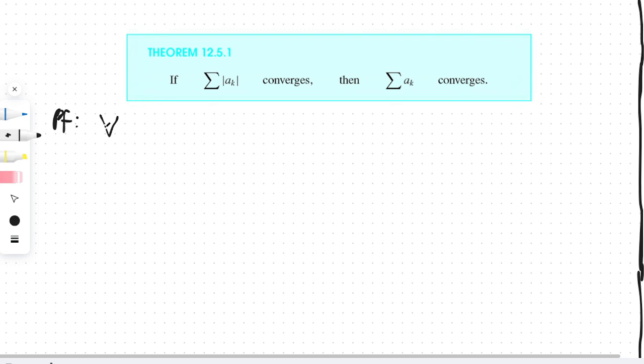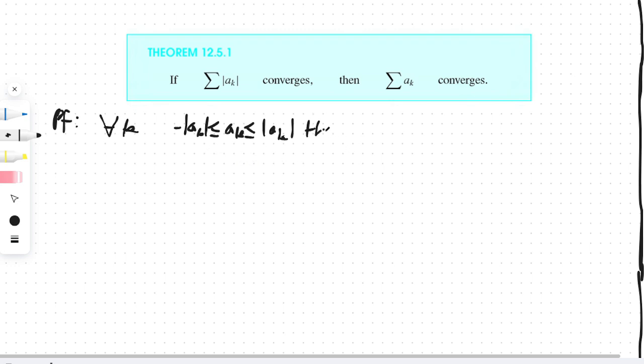For every k, we can say that negative absolute value of a_k is less than or equal to a_k, which is less than or equal to absolute value of a_k. That's pretty clear to see why, because a_k is either negative or positive absolute value. If you know your absolute values, it's very clear.